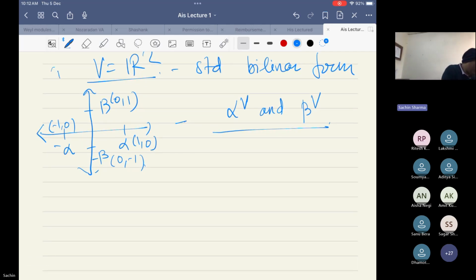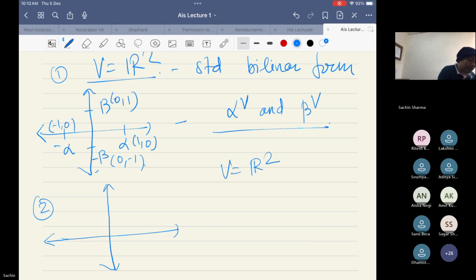Now I will come up with another thing. Again, we will have V is equal to R2. I will take my alpha 1 vector, unit vectors I will take actually. This is alpha 1. Then I will take another vector which has a degree 60 with it.